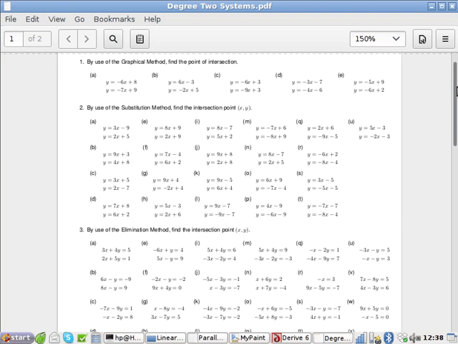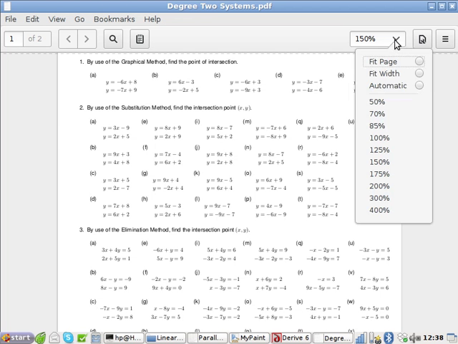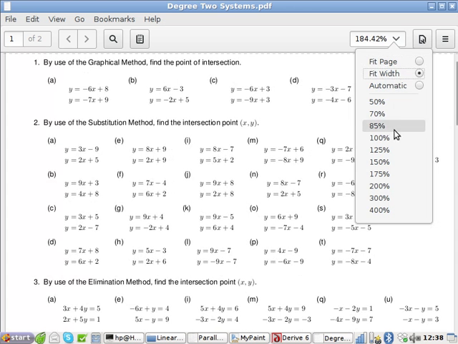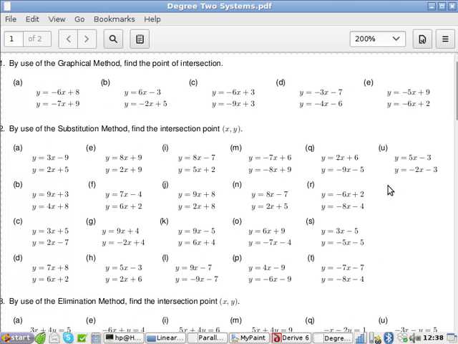So in 1A, it's the graph method. Number 2, substitution. Number 3, elimination. And number 4, Gaussian. So 1A, 2A, 3A, 3B, and then 4A is optional. Zoom in. This is okay? So 1A is the first one here.